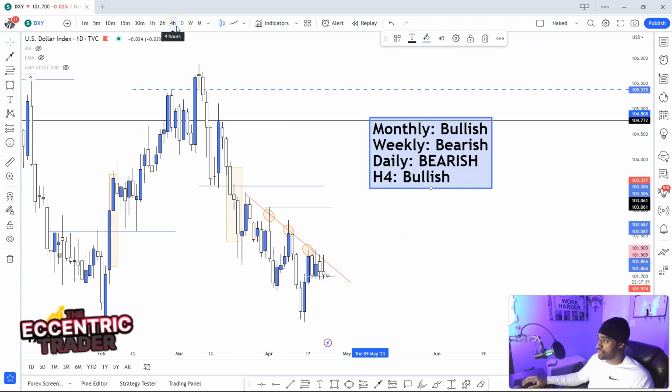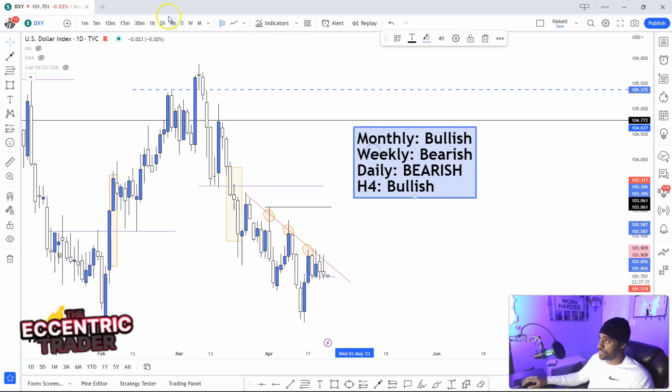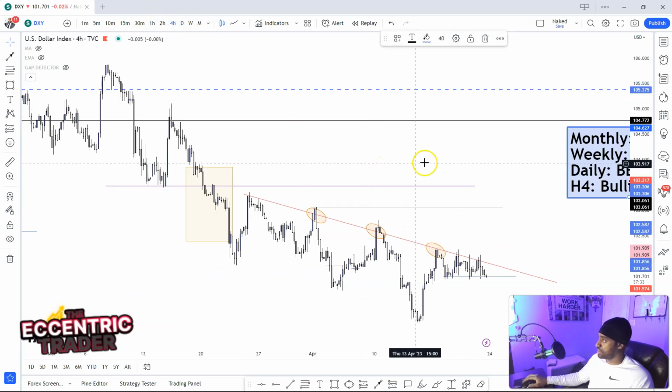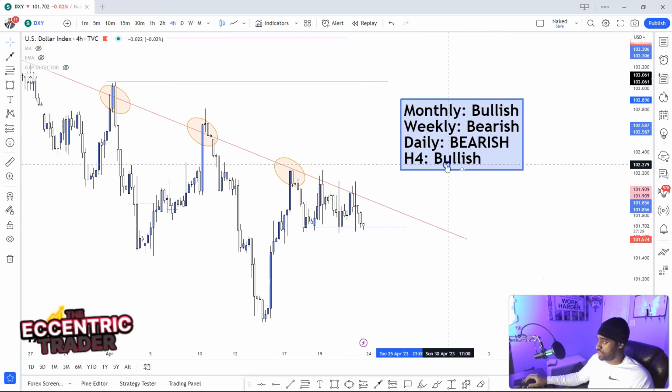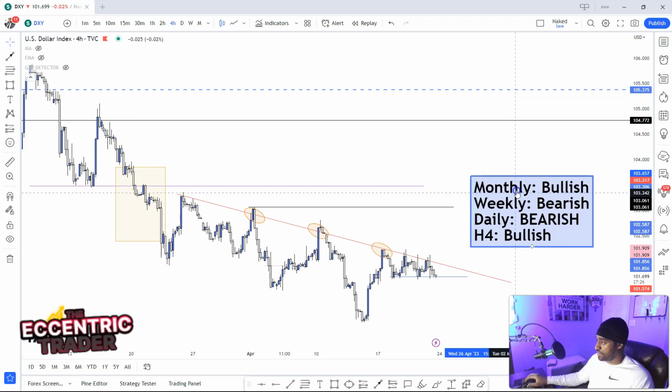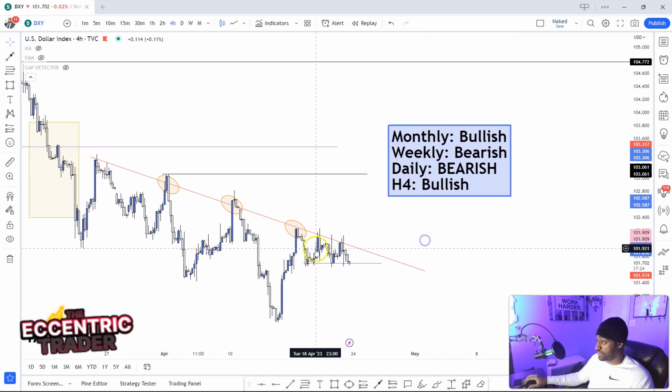Let's go to the H4 time frame real quick. To me, this looks like a descending triangle. Now it came during an uptrend, but the descending triangle has a flat bottom.